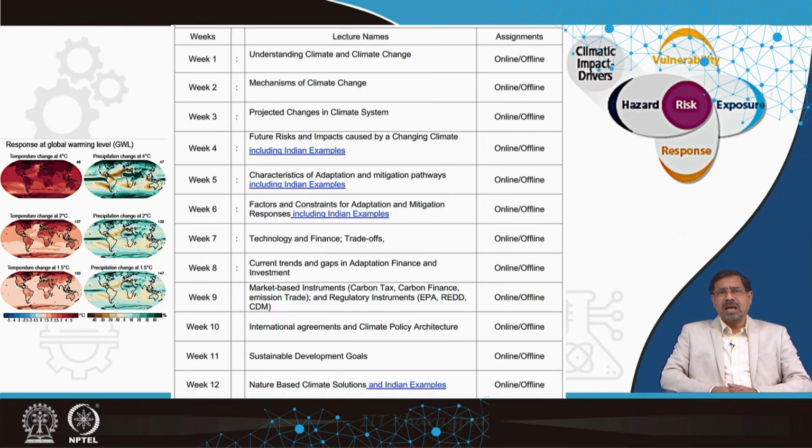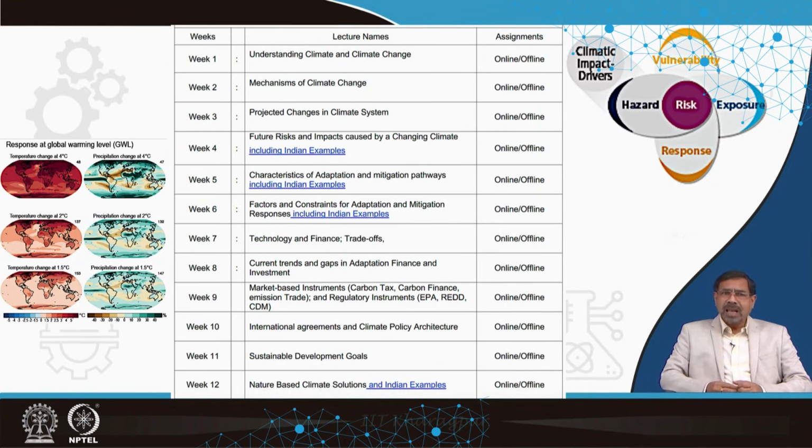This year it happened a little bit earlier in Brazil, towards the 2nd and 3rd week of November, but we will talk about the various agreements and policy architecture we have, because that is how the world bodies meet, discuss, take stock of the situation, and accordingly different decisions are taken so as to adapt and mitigate in terms of addressing this changing climate.